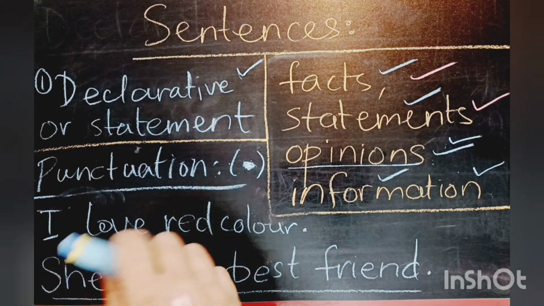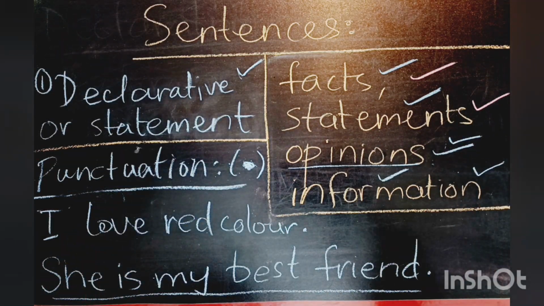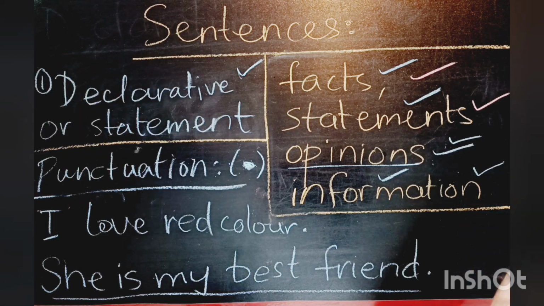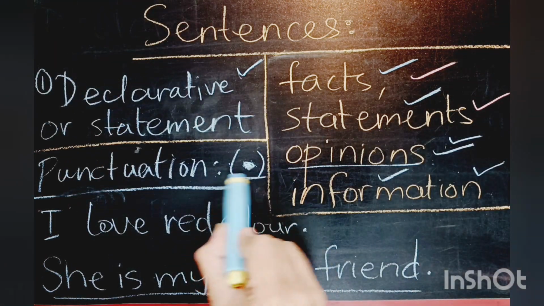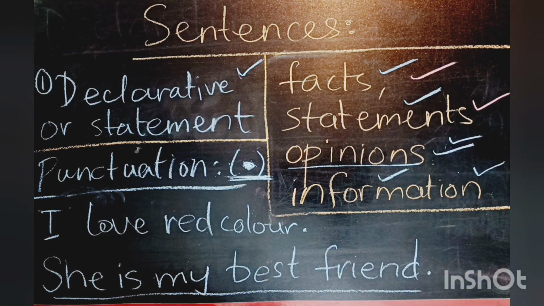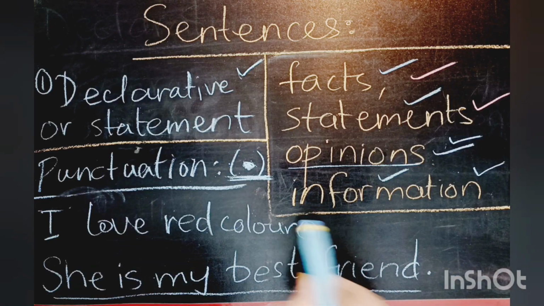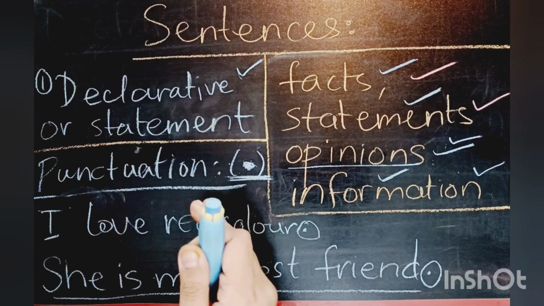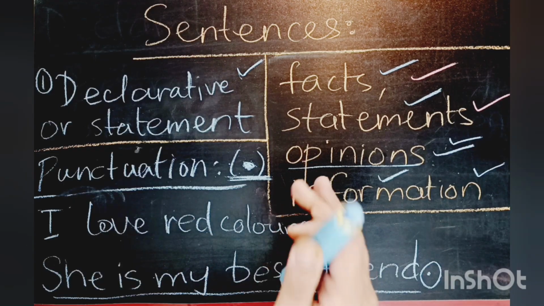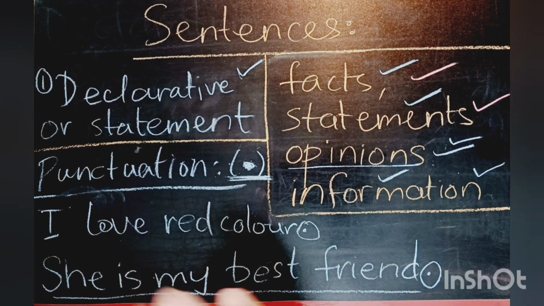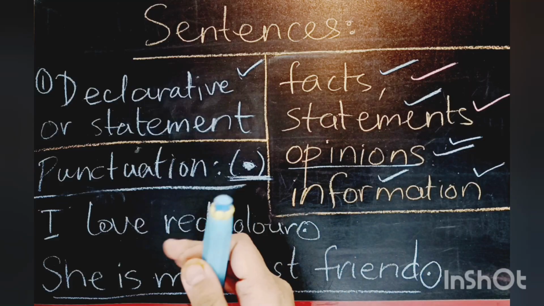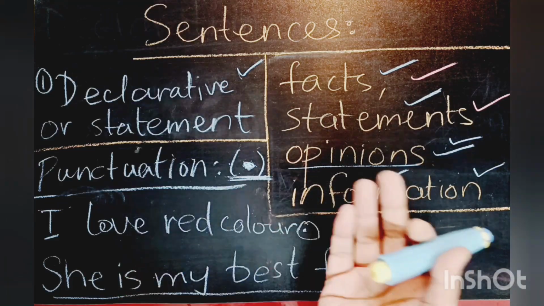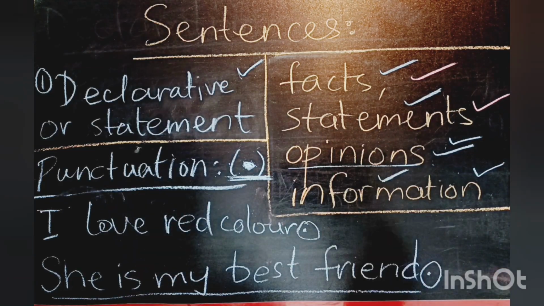This was the declarative or the statement type of sentences which end with a full stop. Okay, just a dot over here like this, and it means that the sentence is over and it will not provide any other information in the same sentence.